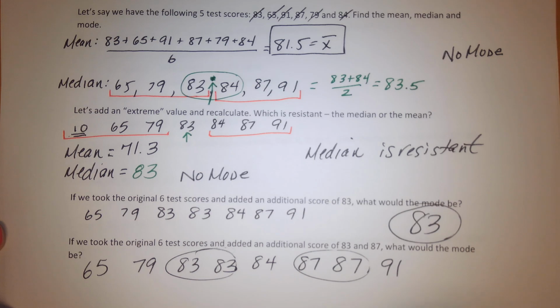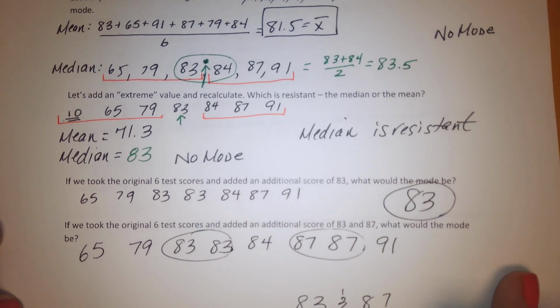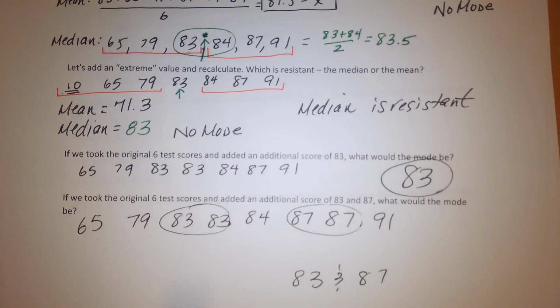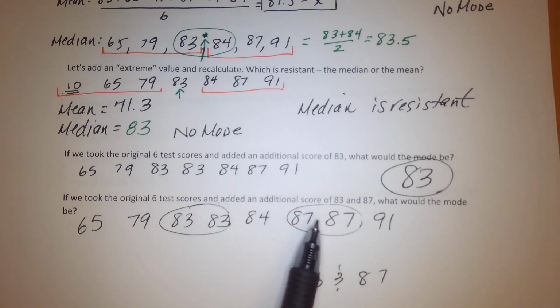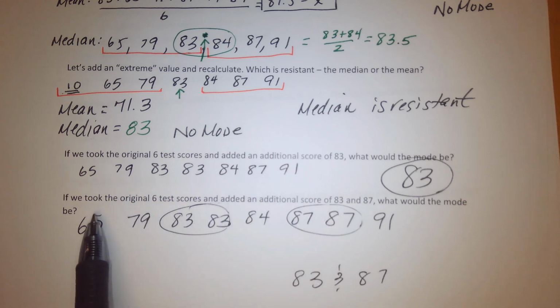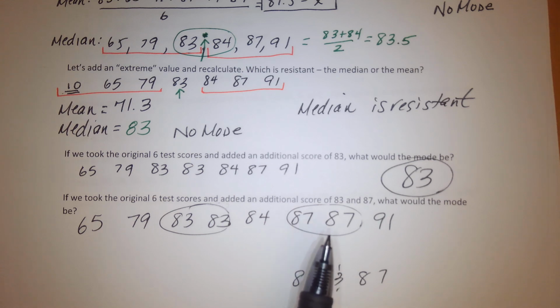It would be both 83 and 87, because each of those occurs more often than any other. Now, however, if there was another 87 here, then the mode would only be 87 because it occurs 3 times, which is more often than 83 and certainly more often than any of these other numbers. So it'll be the data number that occurs the most often. If they all occur the same amount, then there is no mode.